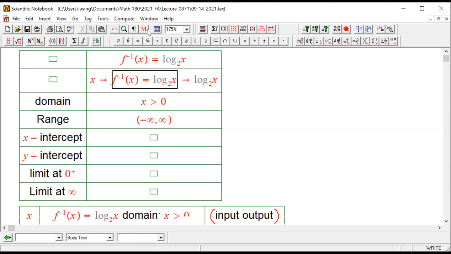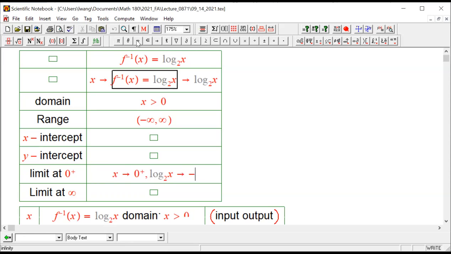Limit at 0, what does that mean? As x approaches 0 from larger than 0, log base 2 of x approaches negative infinity.